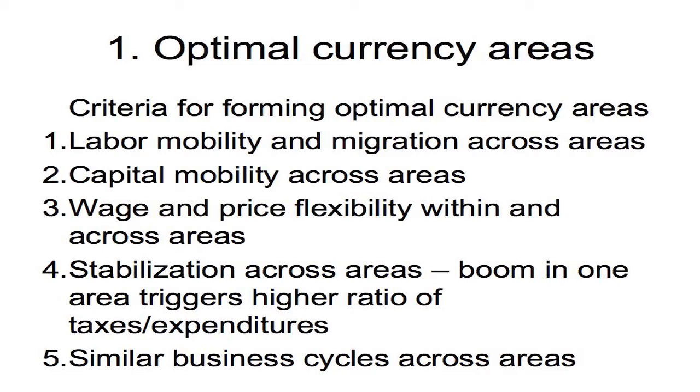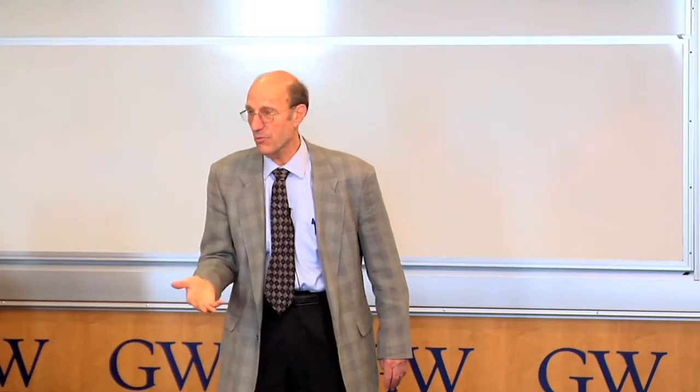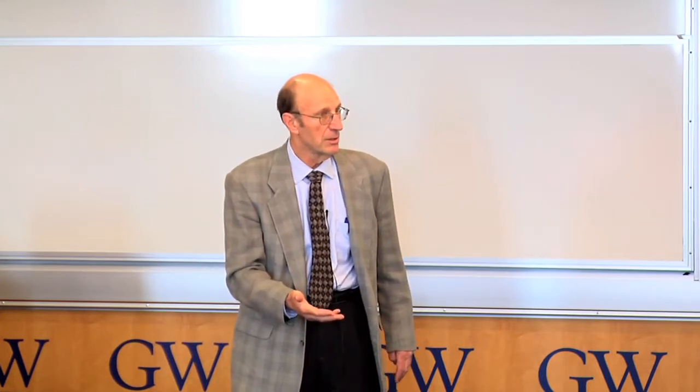Okay, we have a progressive tax system, right? So what happens if the California economy, despite the fact that it's a very high income area, what happens to tax receipts from California when there's a recession in California? They go down. What happens to transfer payments to Californians? They go up. Oh, well, that's working, right?